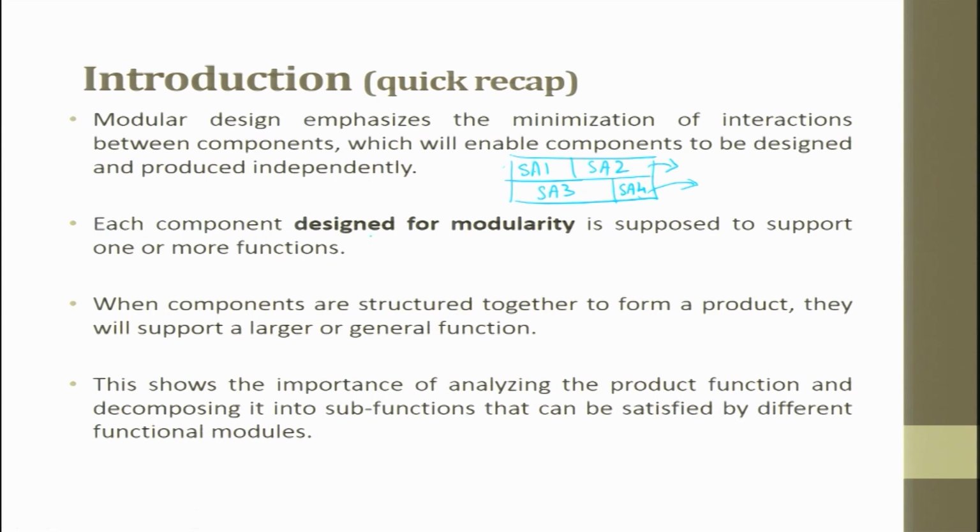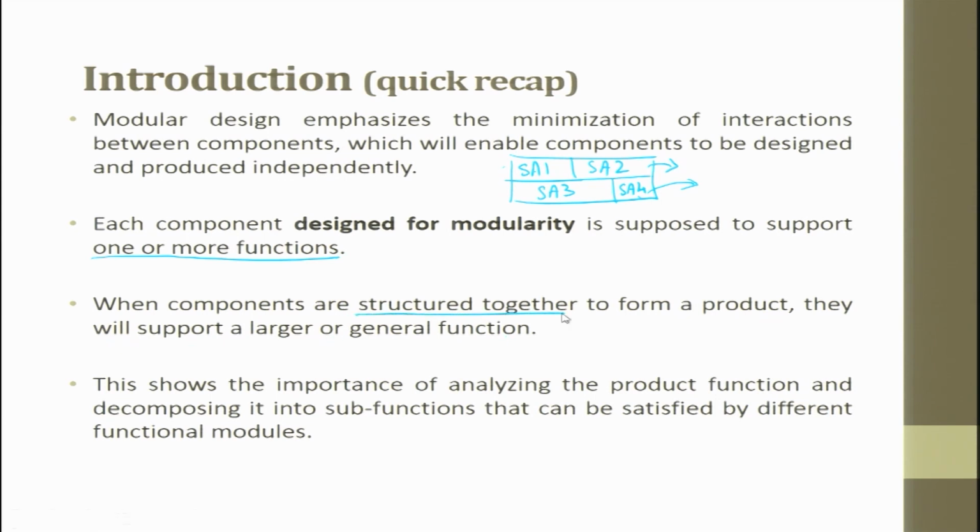Each component designed for modularity is supposed to support one or more function. Okay. It is not only one function, you can also choose one or more functions. When components are structured together to form a product, they will support a large or a general function.